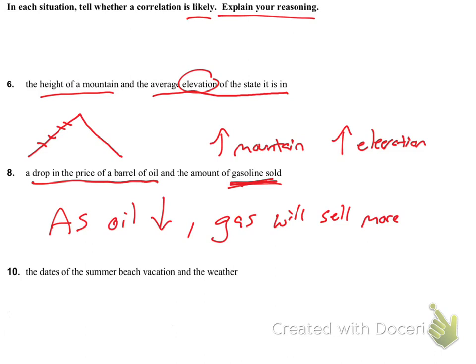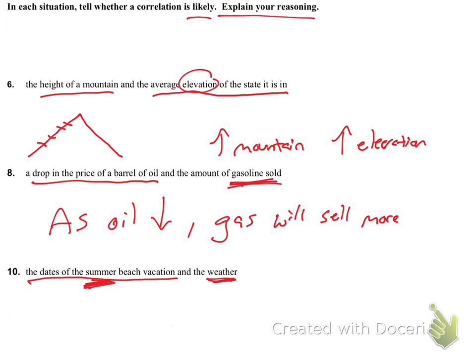Number 10, the dates of the summer beach vacation and the weather. So we have beach vacation and weather. Whether they will correlate, this one is kind of tricky. I would almost say no, but you could definitely make something sound okay, meaning the summer beach vacation is going to be obviously in summer, so the weather is most likely going to be at least warmer.